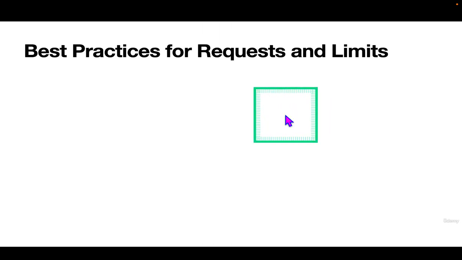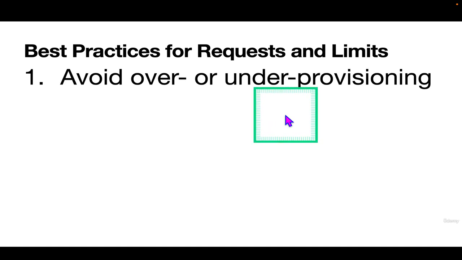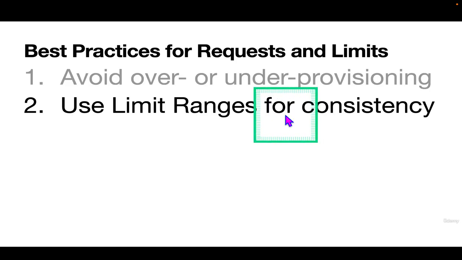Best practices for requests and limits: avoid over or under provisioning resources to ensure efficient resource utilization and prevent performance issues caused by resource starvation or contention. Use limit ranges for consistency, to enforce consistent resource usage policies and prevent unexpected resource allocation within a namespace.